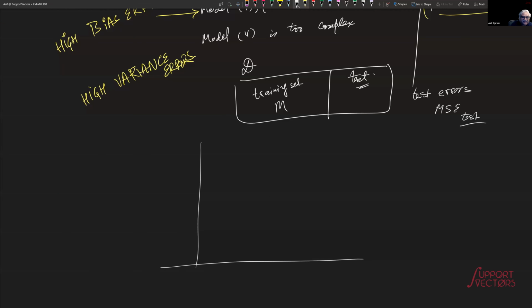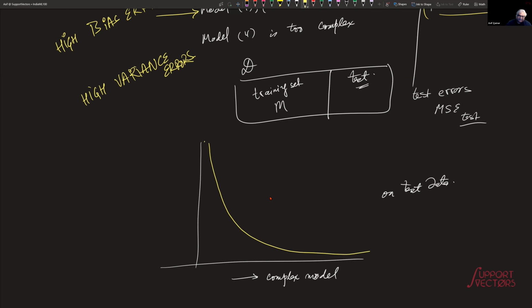See, what will happen on test data, if you look at the bias and variance errors, as you make more and more complex models, think of it as higher degrees of the polynomial, the bias errors will go like this. The more complex model you make, the bias errors decrease with increased complexity.